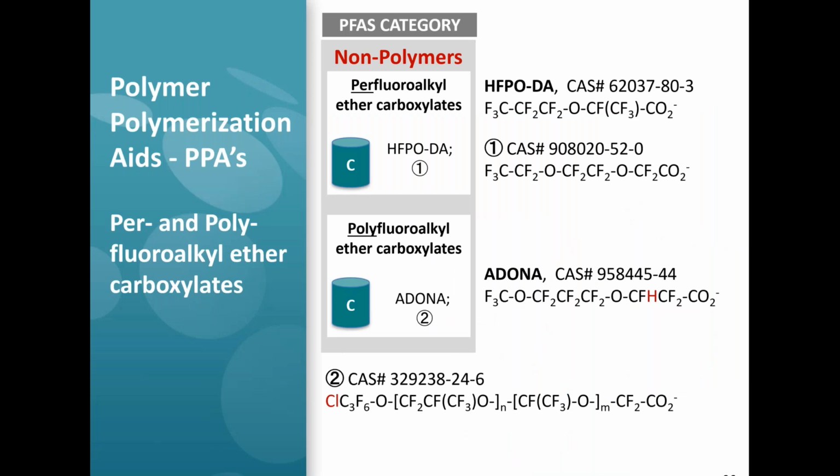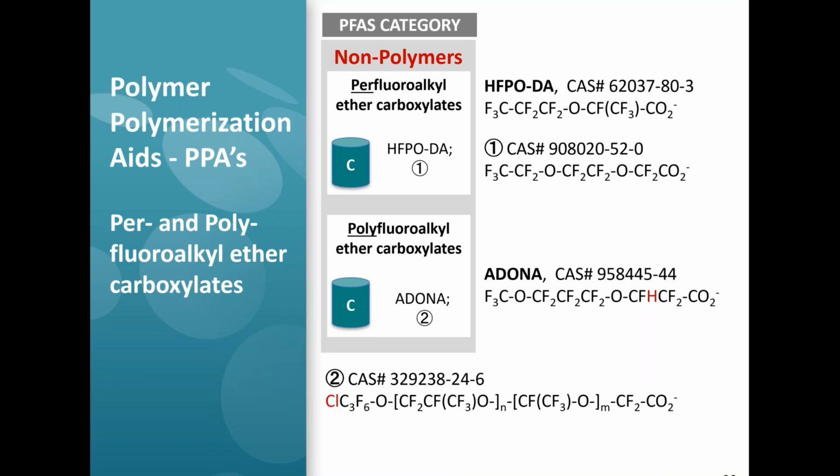Bob spent a few minutes talking about polymerization aids. This is another class of compounds in the list that we showed you. They were developed and are used to make certain fluoropolymers. Not all fluoropolymers, but certain fluoropolymers. They're emulsifiers, and they're used in emulsion polymerization. There are several commercial polymerization aids, 4 of which are shown here.